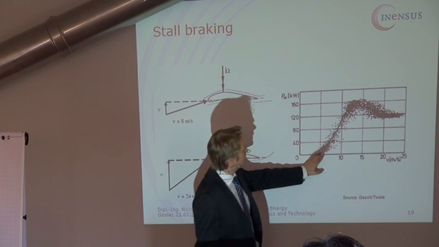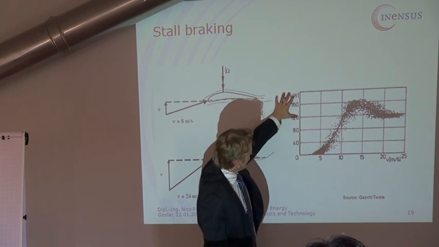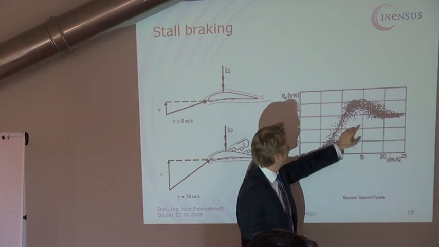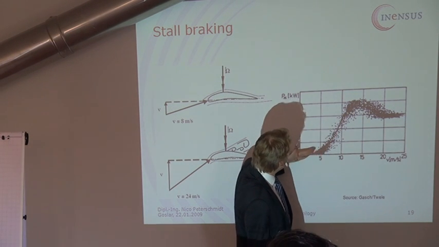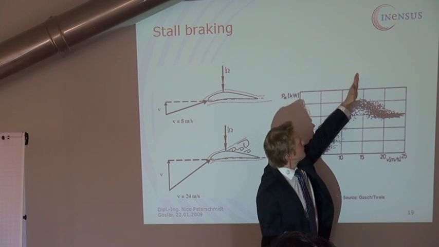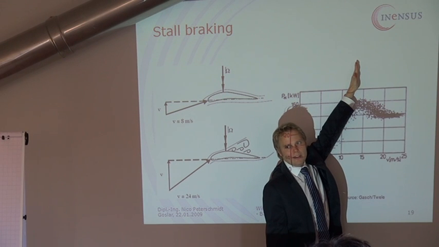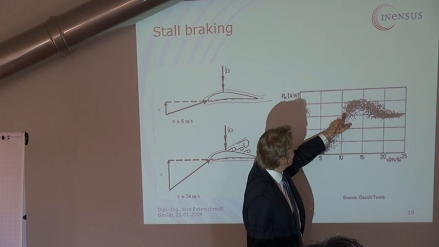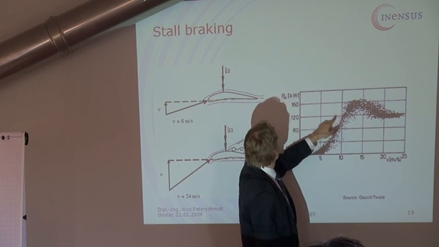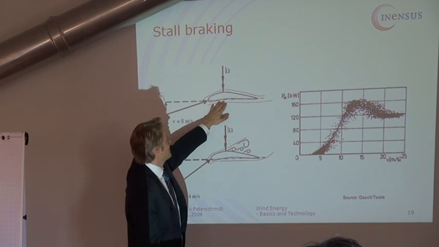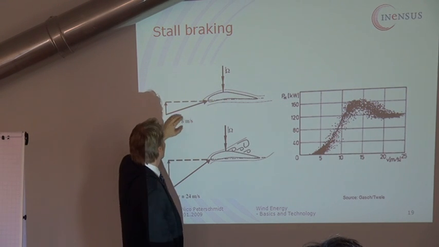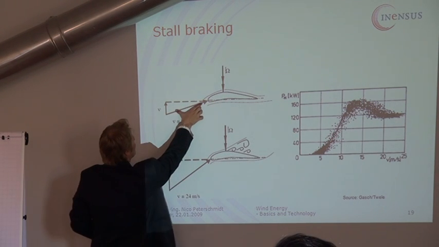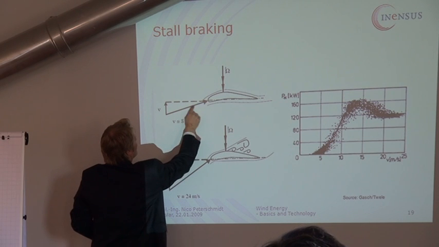And the stall effect can be seen here in the power curve, where there's power versus wind speed. Usually, the curve would go like this, with a power 3 behavior. But from here onwards, you have the stall effect. So either it's a passive stall effect by just decreasing the rotational speed here, and this is the rotational speed.